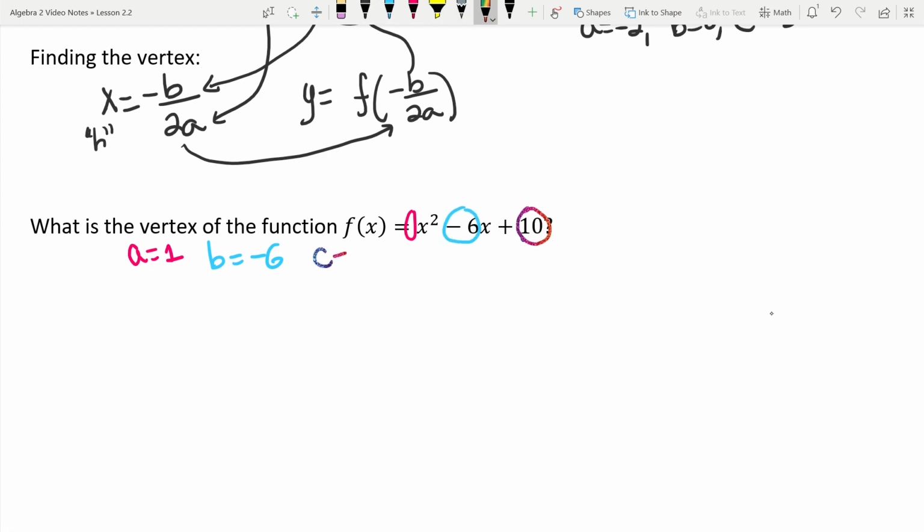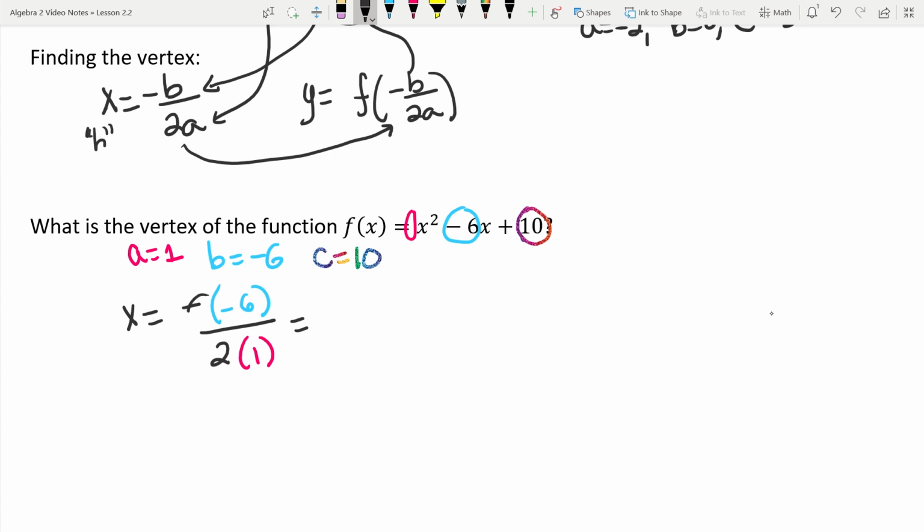And c is equal to 10. Okay, so here technically we don't really need the c. All we need is the b and the a. So x is equal to negative b, and b is negative 6, over 2a, and a is 1.